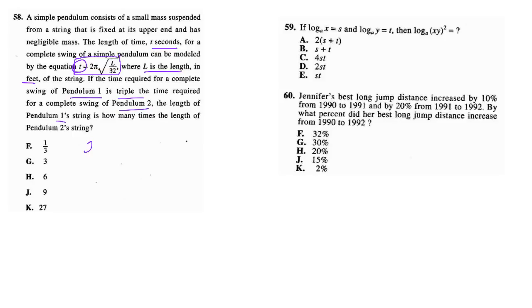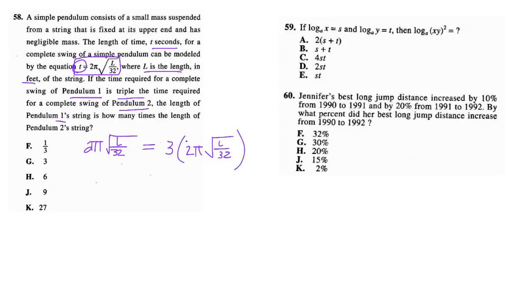So one of these, I'm going to have 2 pi times the square root of L over 32. And that's going to be equal to, and then the next one, well, it's 3 times. So we're going to say 3 times 2 pi times the square root of L over 32.